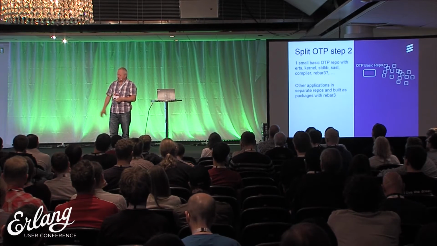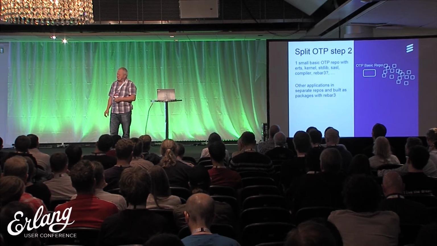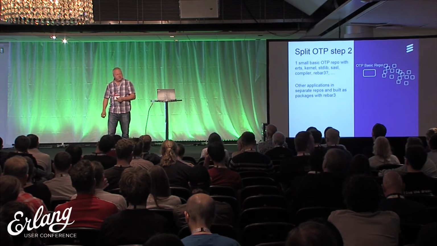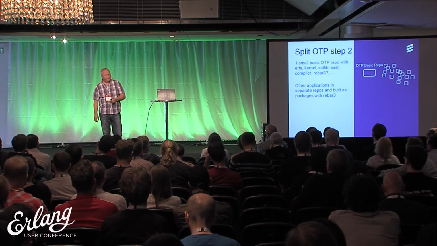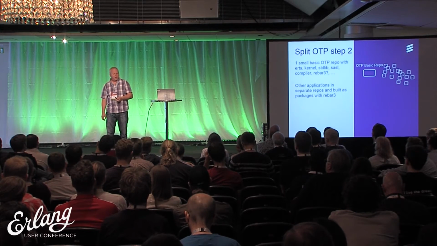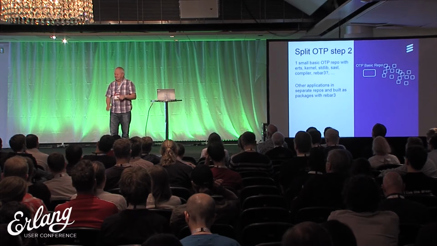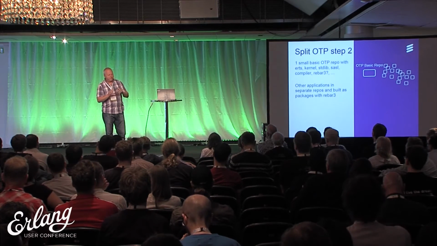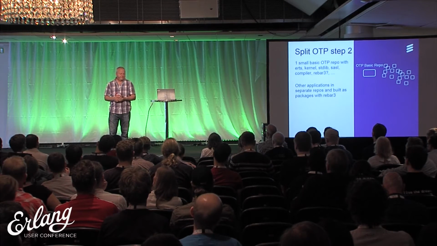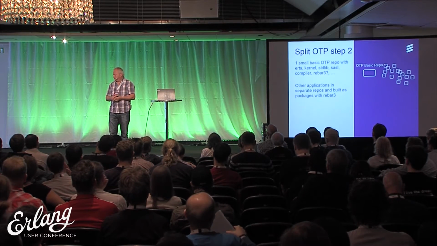But of course it can be discussed how much we should have in this basic repo. How many development tools should we have, or should it be split between tools and runtime, or whatever?